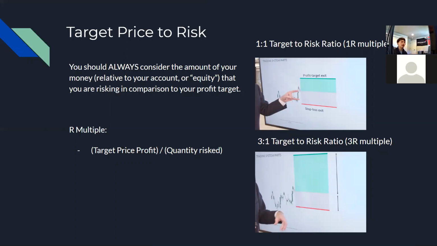So you should always consider the amount of your money relative to your account, or the equity that you're risking in comparison to your profit target. So we should always think in terms of our multiples whenever we're placing a trade, because we don't want to be risking more for such a little profit. So yes, this has to do not really with risk management, but with being the most efficient.